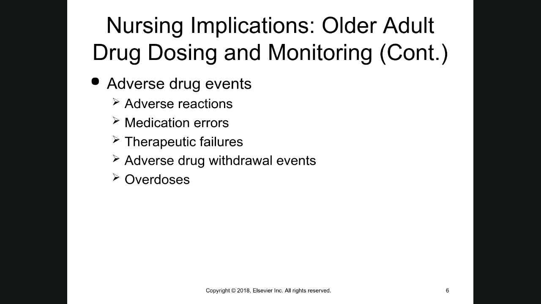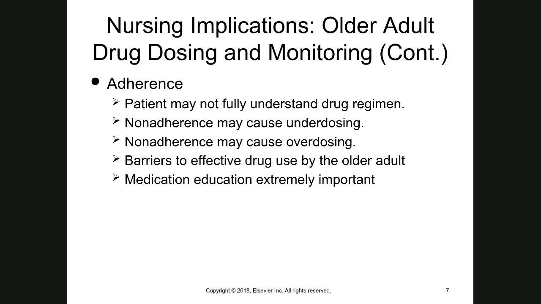Now, reduced gastric blood flow and a 5 to 10% decrease in gastric acid production are also going to affect the absorption. You have to look at the patient's cognitive ability and adherence to the drug and make sure they understand the drug regimen.